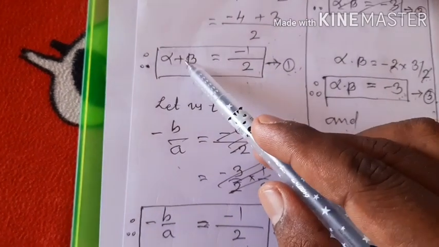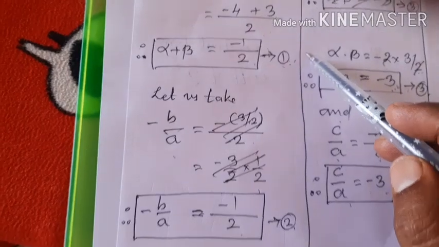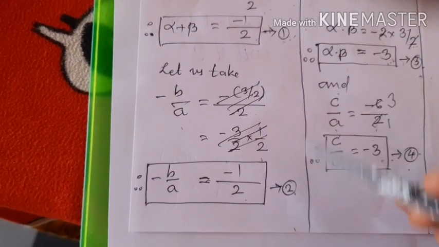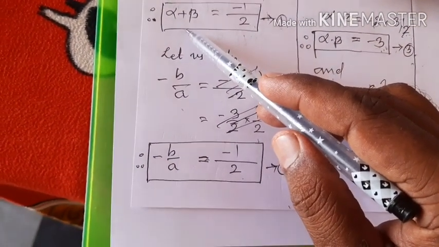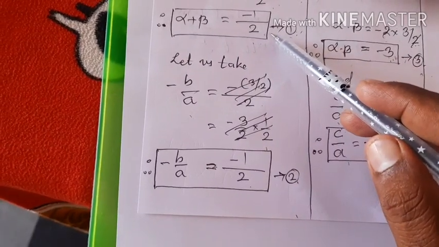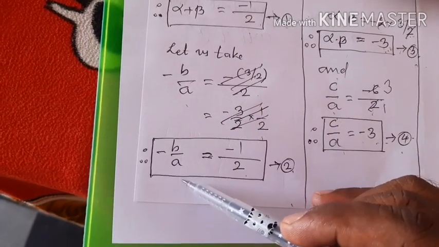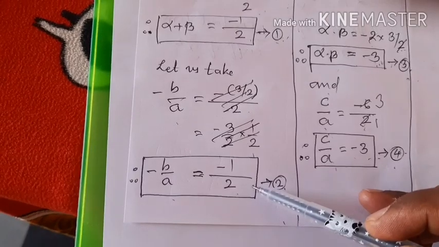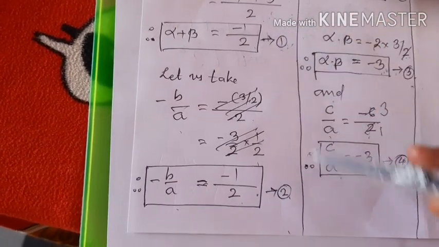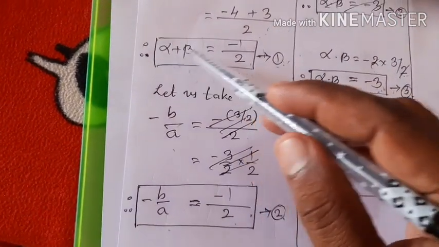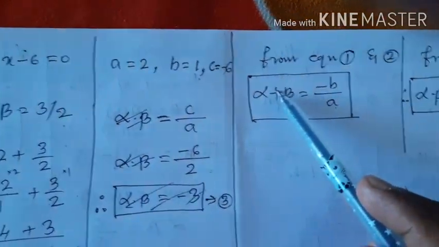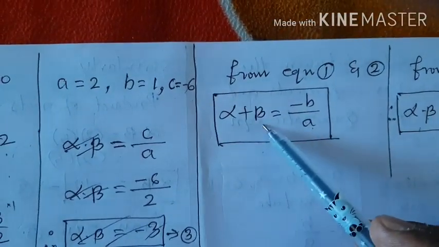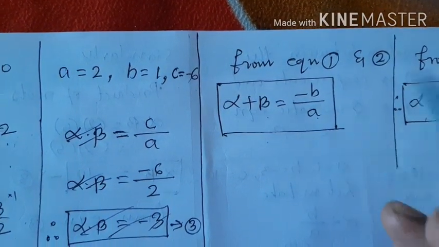If you compare equation 1 and equation 2, you have alpha plus beta is equal to minus 1 by 2, and minus b by a is also equal to minus 1 by 2. So, from equation 1 and 2 we have alpha plus beta is equal to minus b by a.